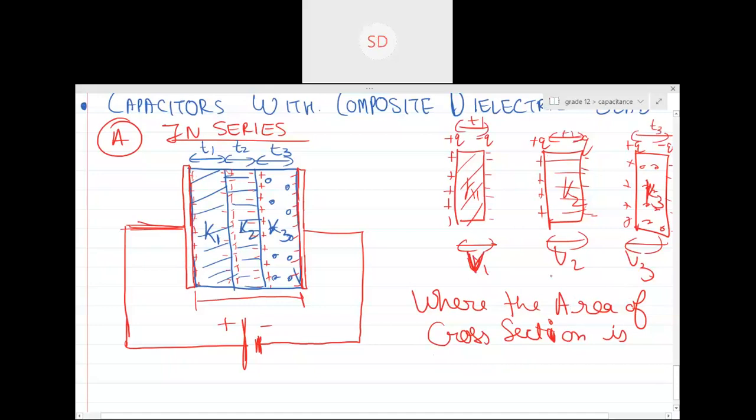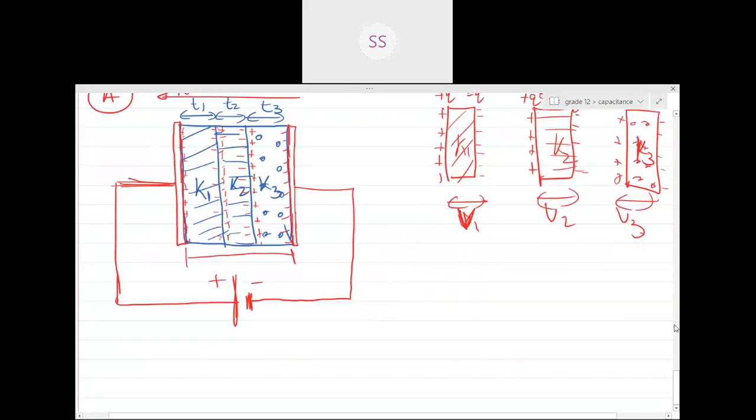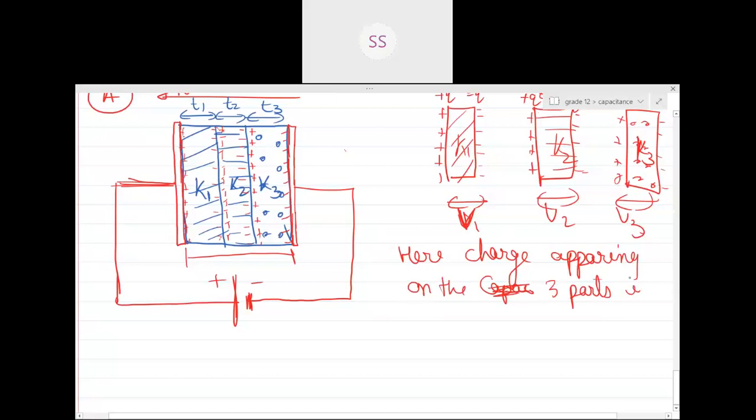Okay. So these capacitors are in series combination. So let me write it down. Here, the charge appearing on the capacitor is the same on all parts, but the potential is not.